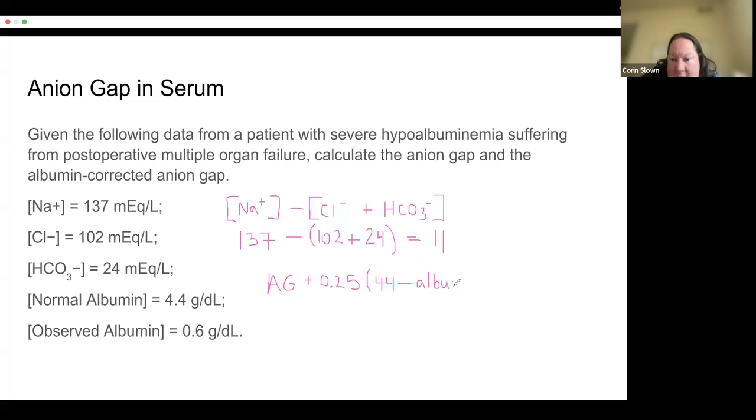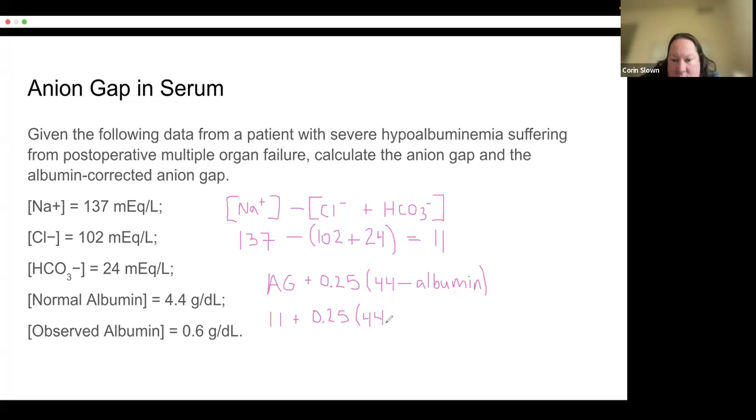And so we're going to calculate this and take a look at what it is with a normal range and with what it is in this patient's. So we calculated 11. So 11 plus 0.25 times 44.